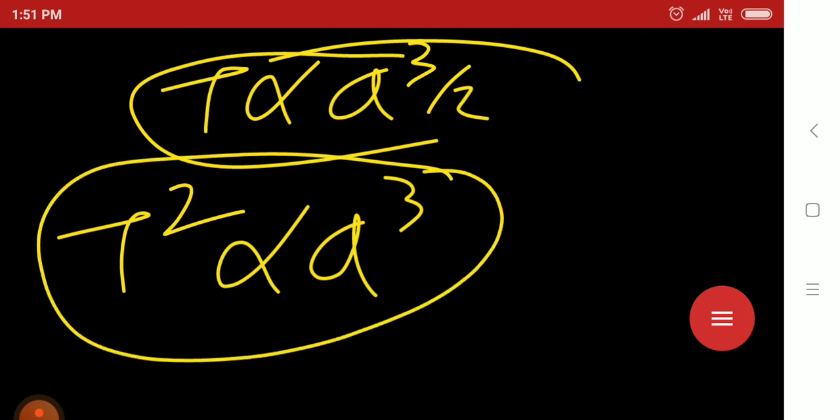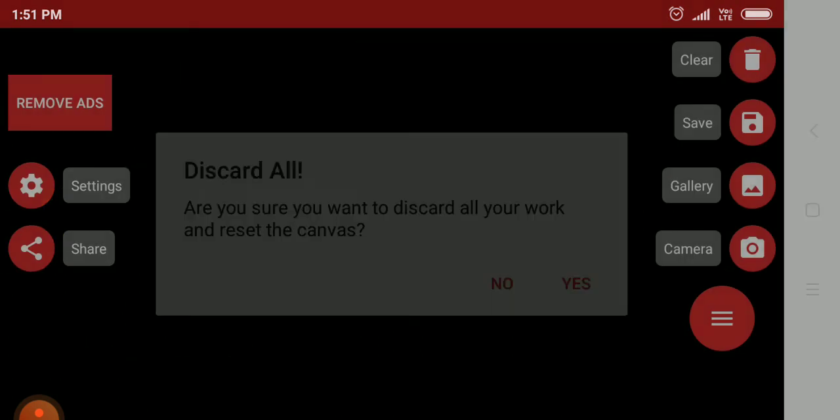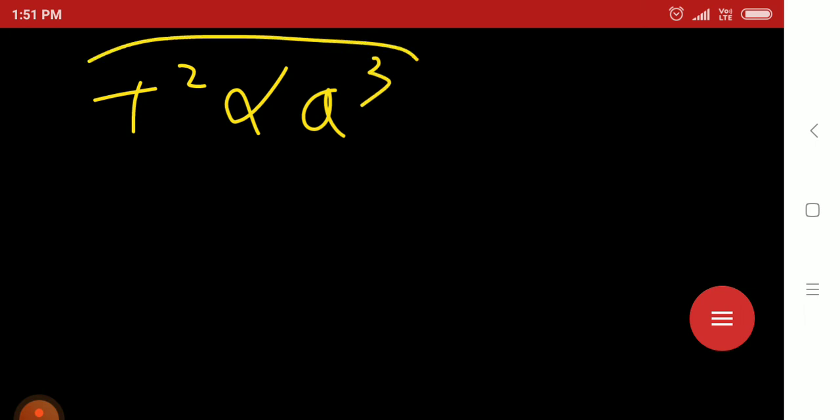This is Kepler's third law. T square proportional to a cube, it is Kepler's third law.